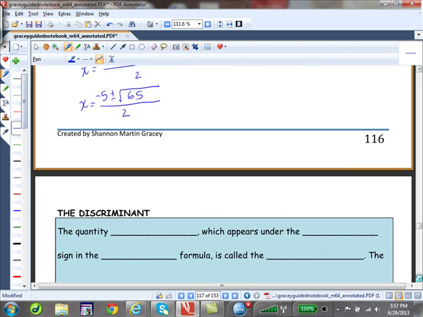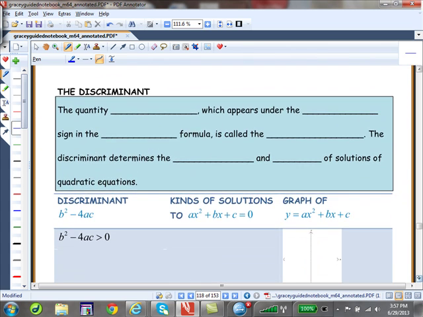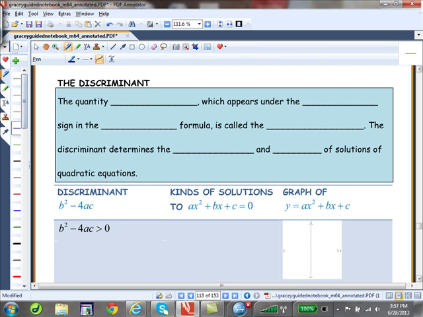Okay, so next up we talk about something called the discriminant. So the quantity b squared minus 4 times a times c, which appears under the radical sign in the quadratic formula, is called the discriminant.